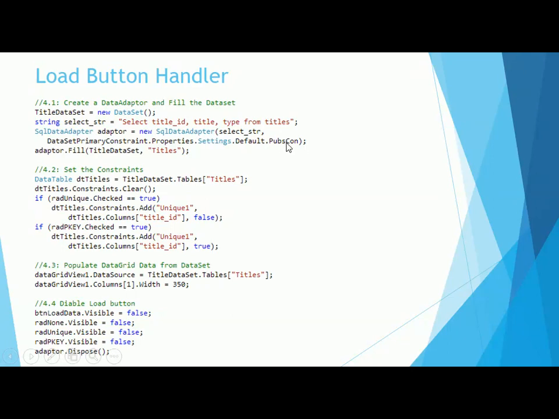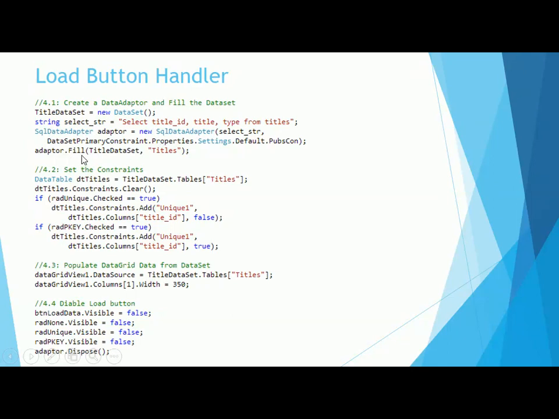In the demo, I will show how we can create a connection string as an application setting itself. If you see here, this is the project name, then I'm accessing properties, settings, then I'm taking the pubs connection string, default pubs connection string, and I'm creating the SQL data adapter.